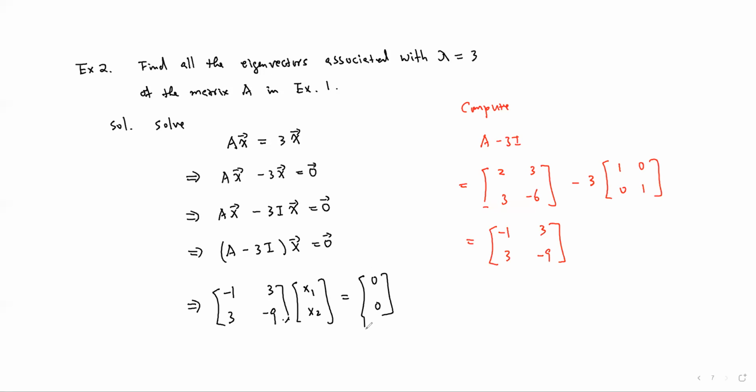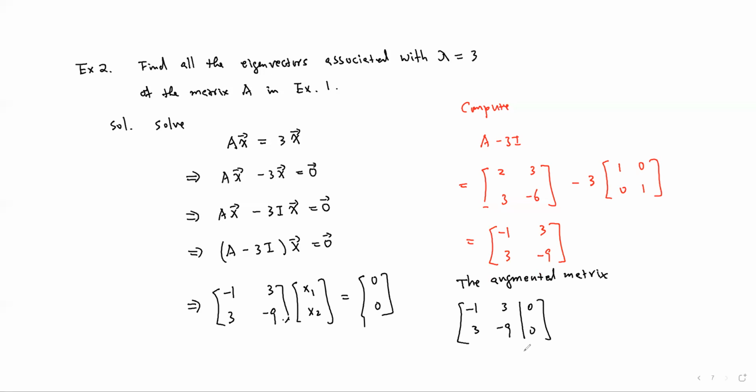How to solve this linear system? Augmented matrix. So the augmented matrix is, with right side 0, 0.